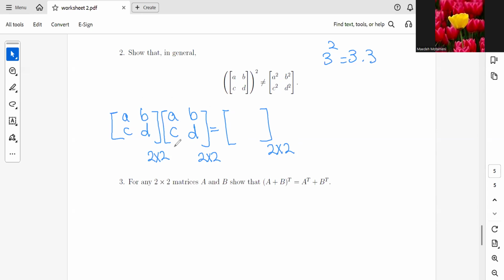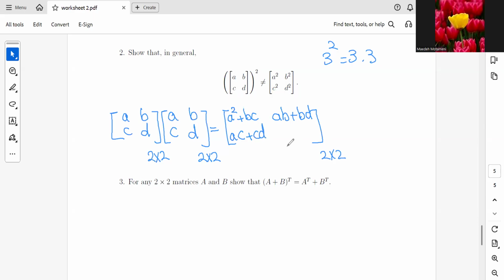First row, first column, that would be A squared plus BC. Second one will be first row, second column. That would be AB plus BD. Second row, first column is AC plus CD.